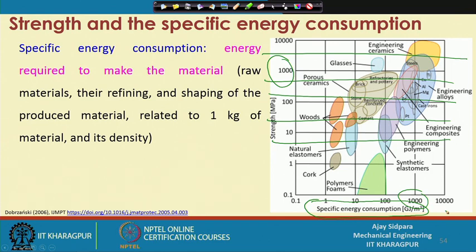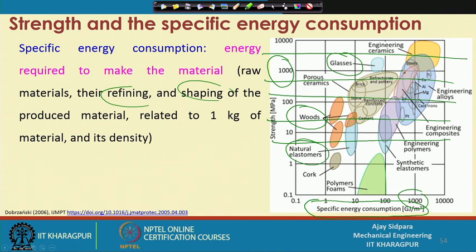Initially your cost will be very high, because refining and shaping are not as easy as processing woods and different types of elastomer in this particular range. Glass is a very difficult material to cut, because you have to use special tooling for that. Then if you go in this direction, the strength is very high, so cutting forces are very high. Even for melting this material you have to go to high temperature, then only can you do casting and other processing.